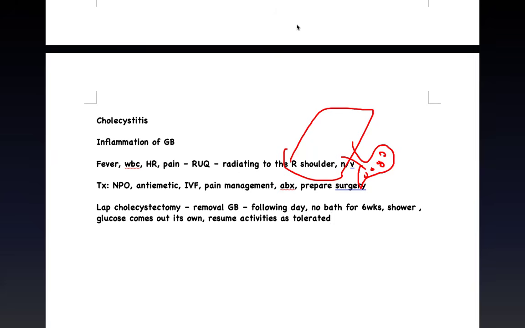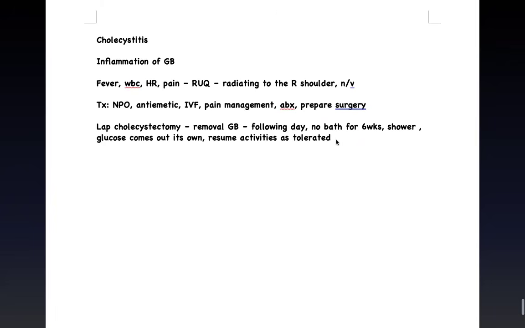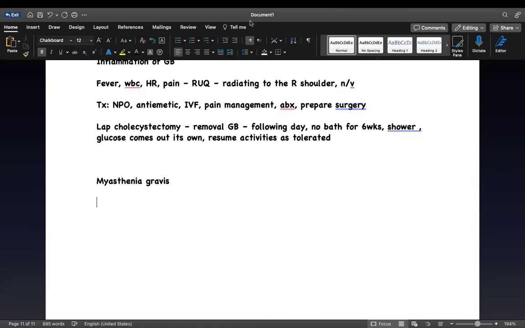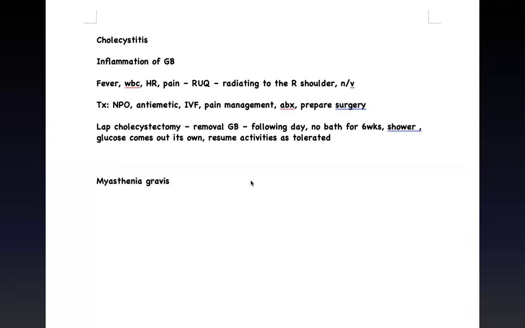Okay. And the last group on the list is the neurological problem. First one, myasthenia gravis. Look, for neural problems, most of them are autoimmune. And what is the problem? This is an acetylcholine receptor, right?